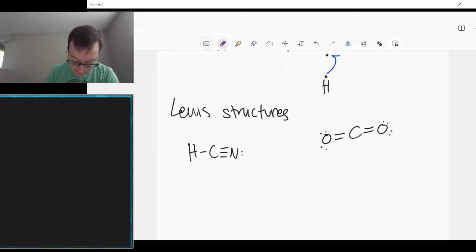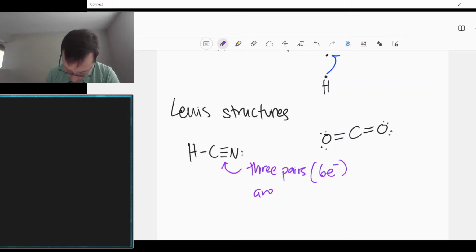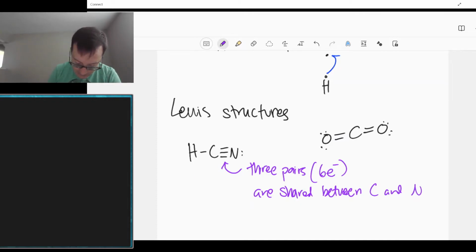And let me tell you what all these mean. This means 3 pairs are shared between carbon and nitrogen. And here is 1 pair shared.